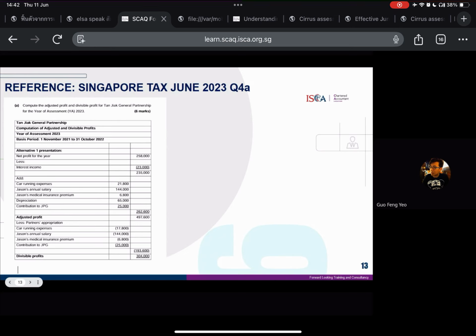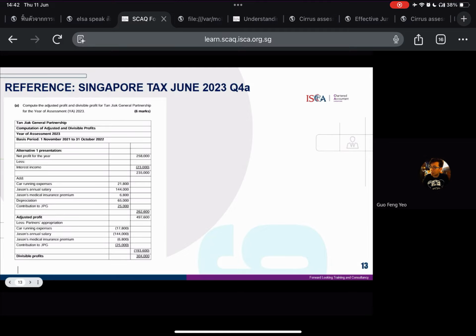Most candidates in this situation may end up doing more than required by wandering into the realm of calculating the tax for the individual partner and the corporate partner of Tan Jiak General Partnership. This is not required for this particular question. So remember, before proceeding with the question, you need to read the requirements carefully.